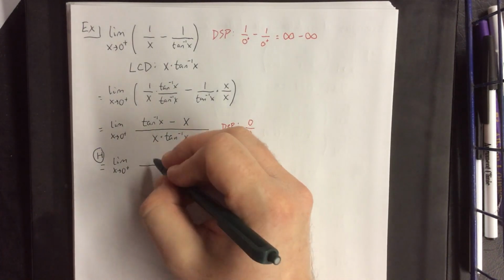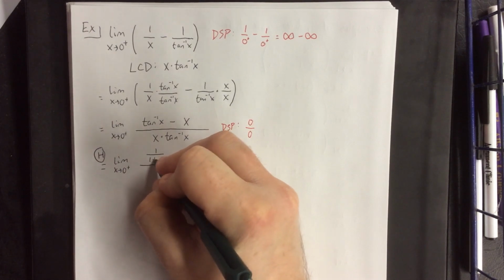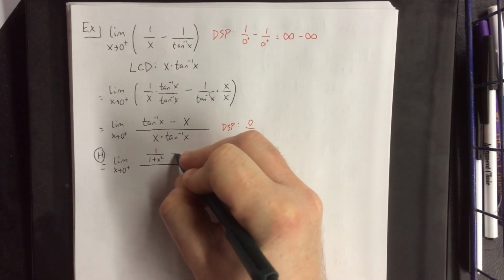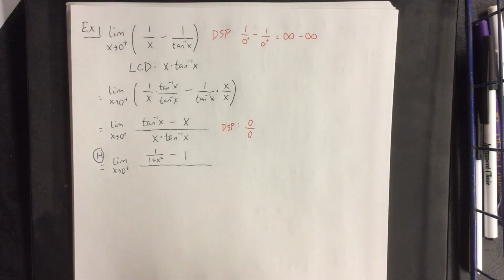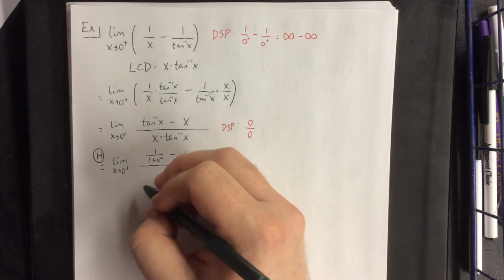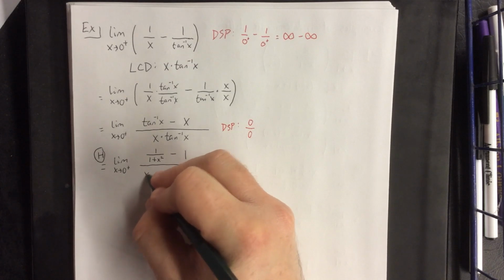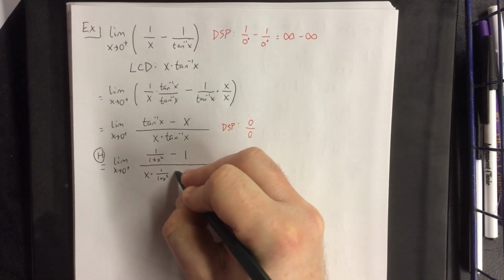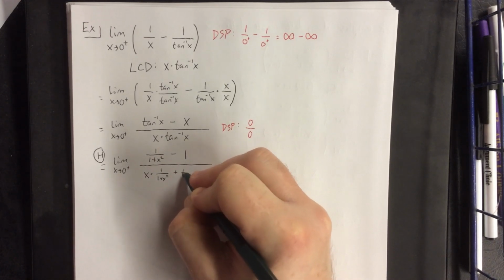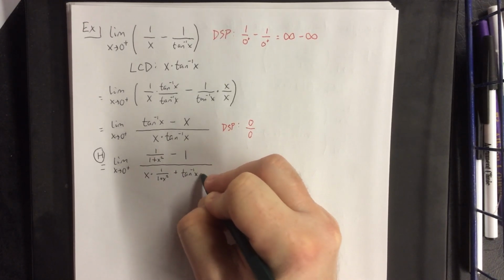Differentiating the top, derivative of arctangent is 1 over 1 plus x squared minus, take the derivative of x, we'll get 1. In the denominator, we will do product rule. So first times derivative of the second plus second times derivative of the first.